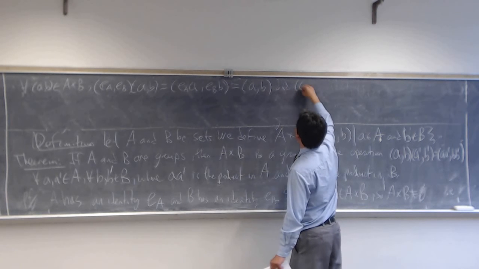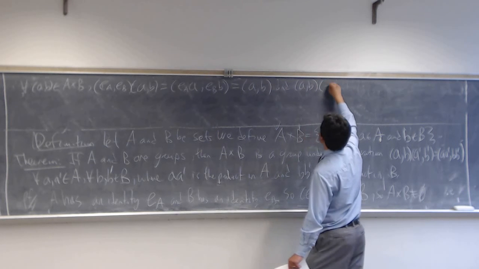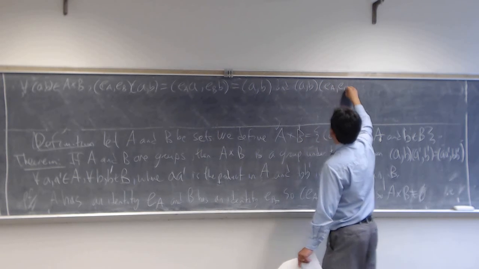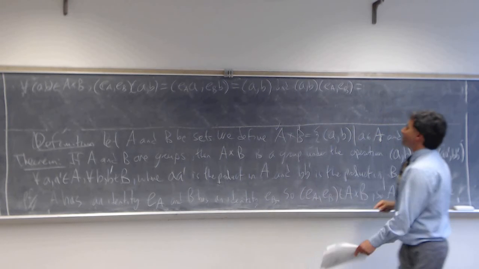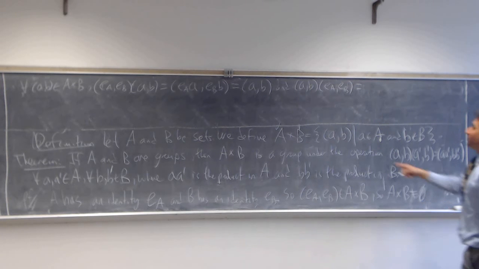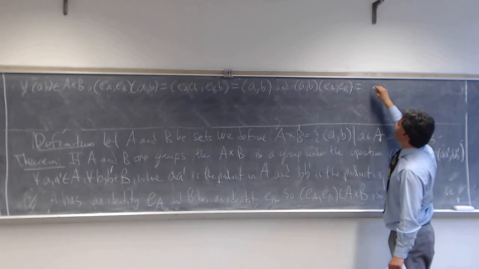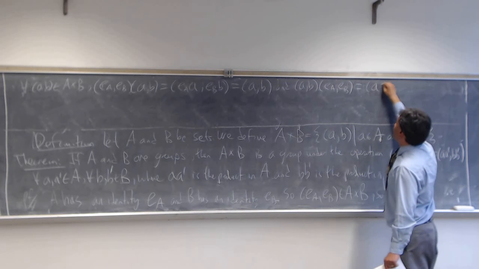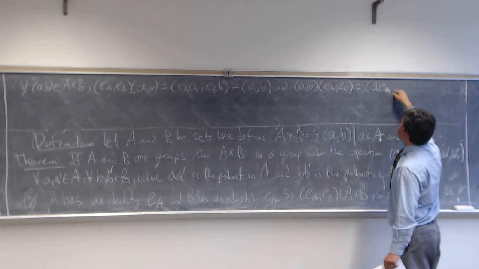And it certainly goes the other way. Remember, e_A and e_B are two-sided identities. So if I multiply the ordered pair (a, b) on the right by (e_A, e_B), a very similar thing would happen.